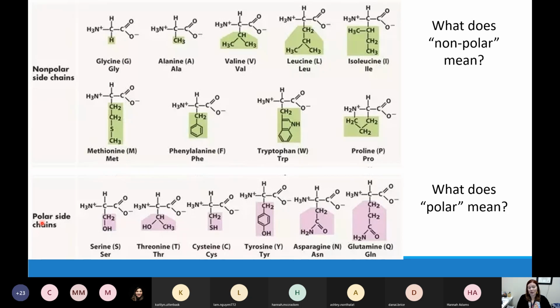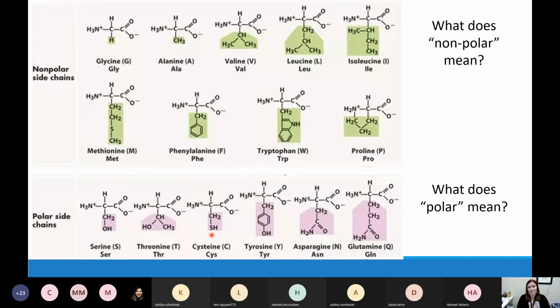Yeah, if I'm a polar molecule, I do play nice with water. Remember that polar means I have dipoles. Water has dipoles. Water has partial positives and partial negatives. Since water has dipoles, if I have dipoles as well, I'm going to play nice with water.